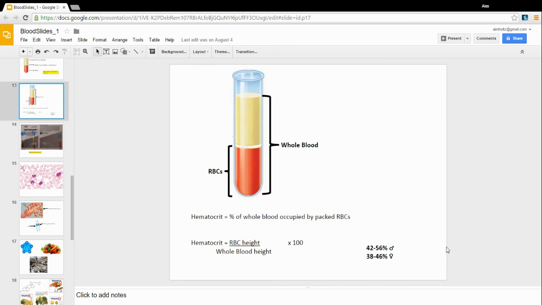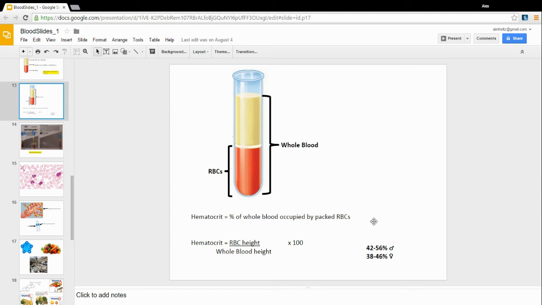All right. Now, if we're measuring hematocrit, which is a measurement that we can get from this centrifuged blood, hematocrit is the percentage of whole blood occupied by red blood cells. So what you would do is take that centrifuged blood, measure how high the red blood cell portion is, measure how long the whole blood sample is, divide the red blood cell height by the whole blood height, and then multiply that by 100 to make it a percent.